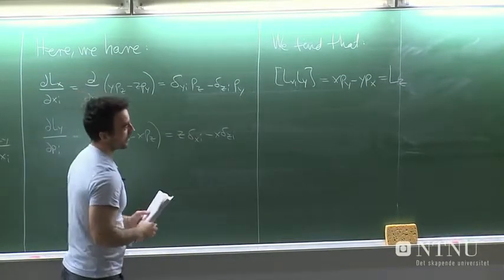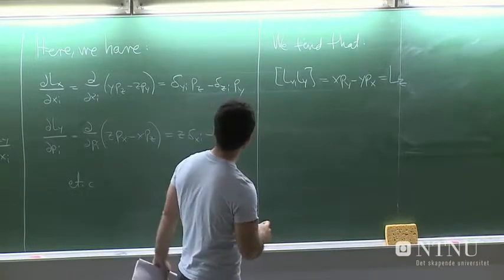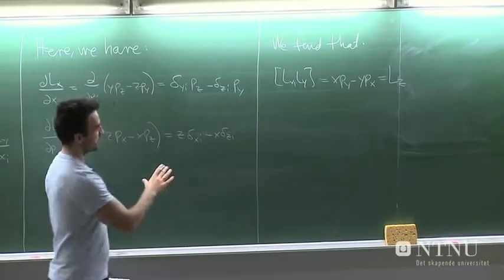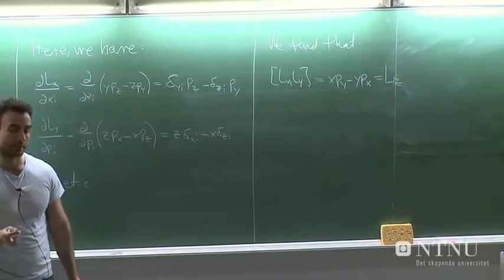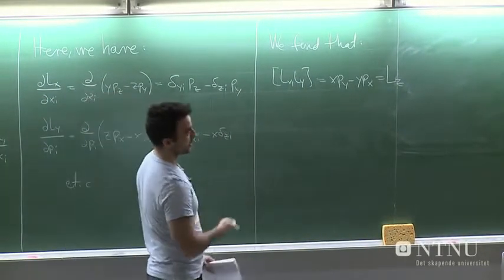We end up with this. And this occurs due to only specific combinations of the indices of the Kronecker deltas contributing to the final result.